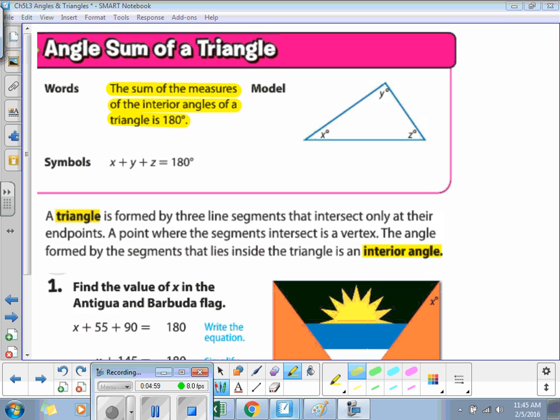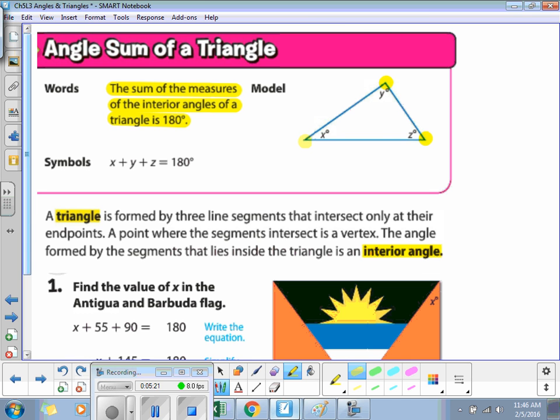A triangle is formed by three line segments that intersect only at their endpoints. A point where the segments intersect is a vertex. Okay? So that's a vertex, and that's a vertex. The points where the lines intersect are called a vertex.